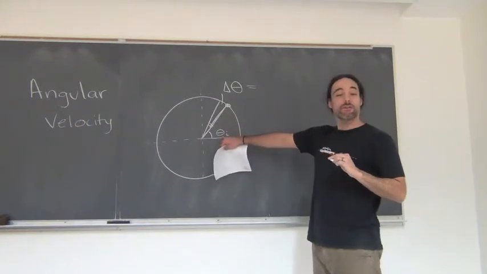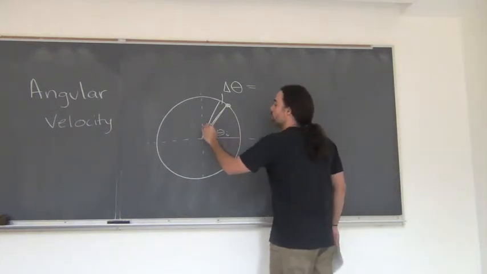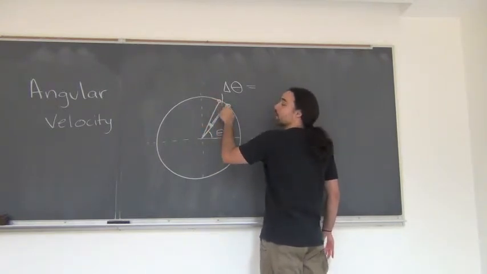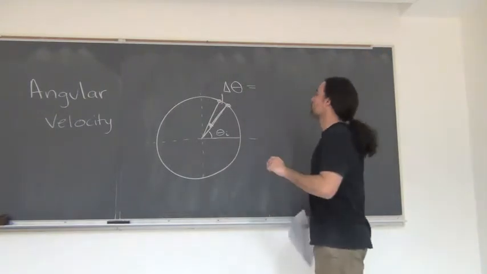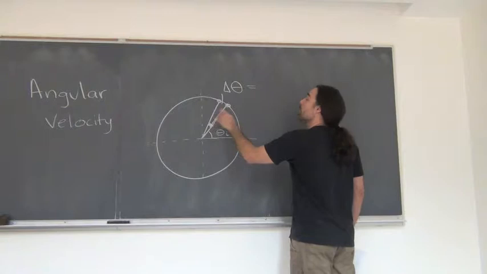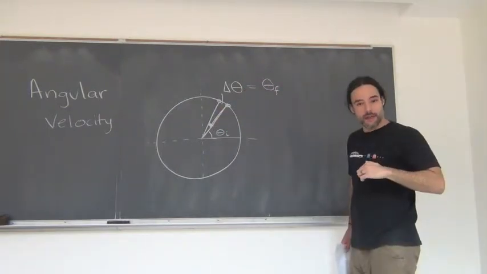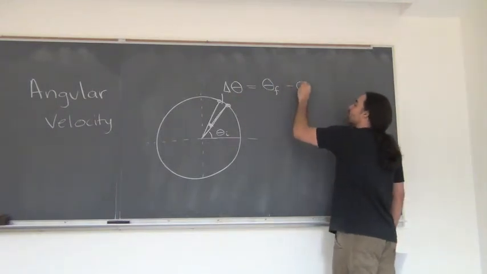It was at an angle theta I for the initial angle. And then we've gone a little bit of an extra angle, from our initial angle to here. We've just rotated a little bit further to be at some new final angle, which we'll call theta f for the final angle. And the change in the angle is just the final minus the initial.